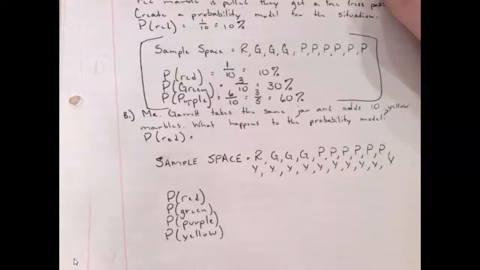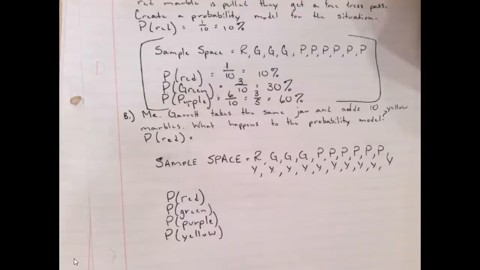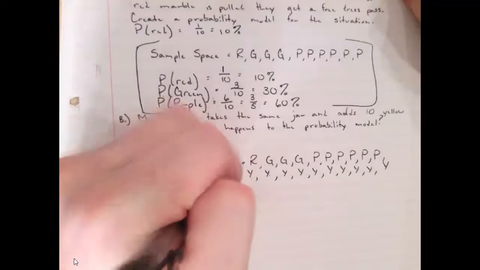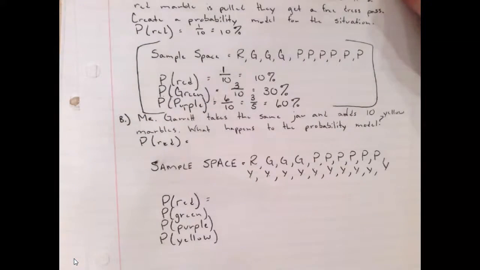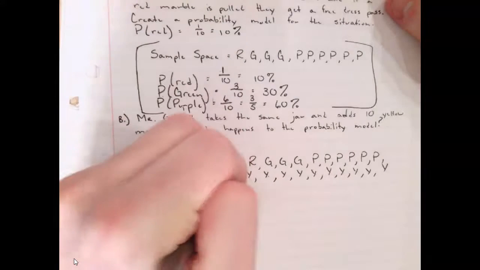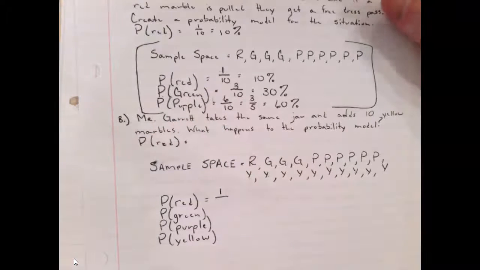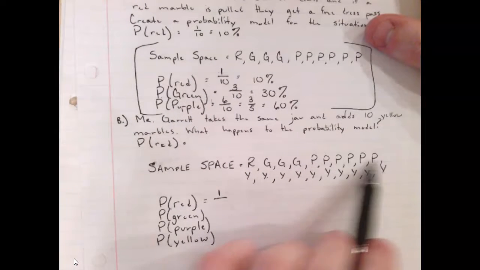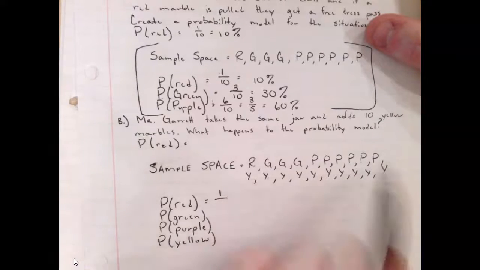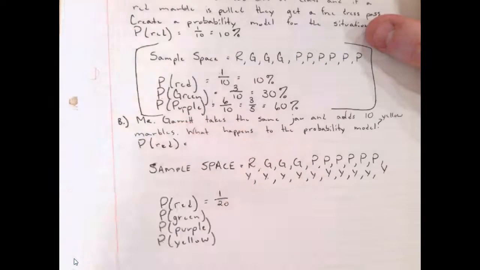And now we can go through and find their different probabilities and how often they happen. So for red, how many red marbles do we have? We still have 1. This time, how many marbles do I have? Well, I had my previous 10, and I added 10, so it's now 1 over 20.